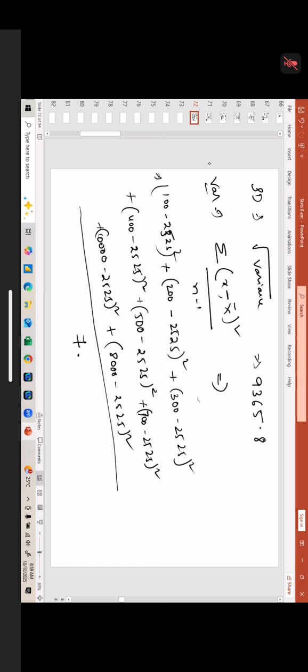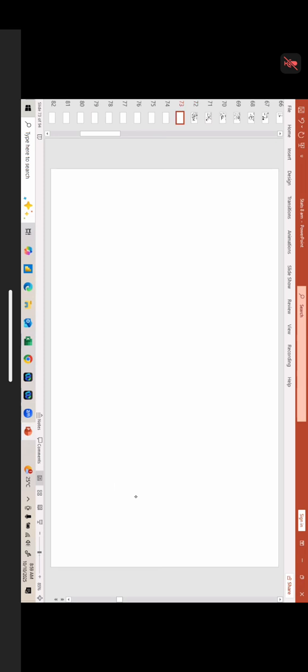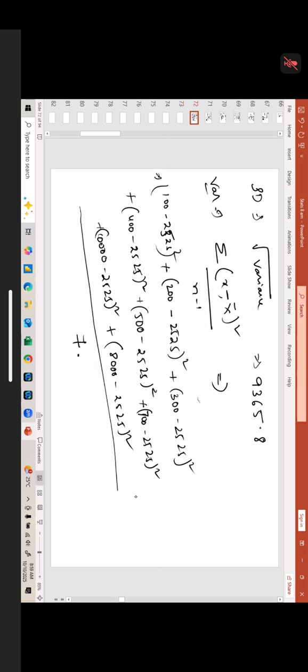It will not be minus. 100% it will not be minus. That will be a plus value only. 3822. Why are we getting different values? Understand this: standard deviation and variance values will both be positive only. We will not get negative values.